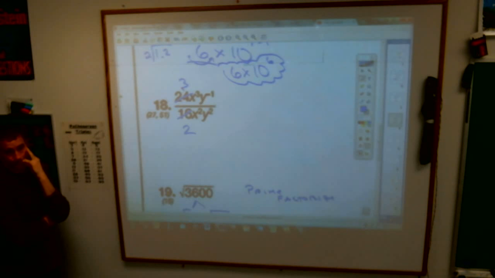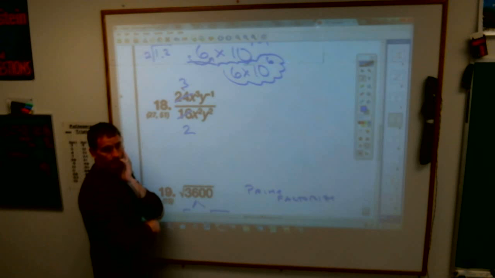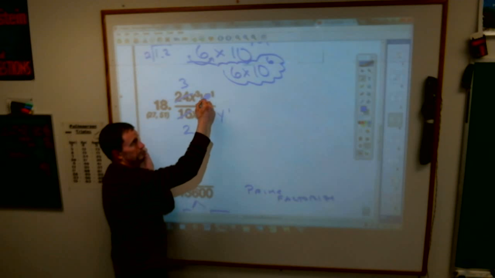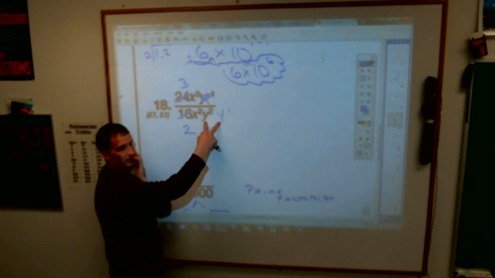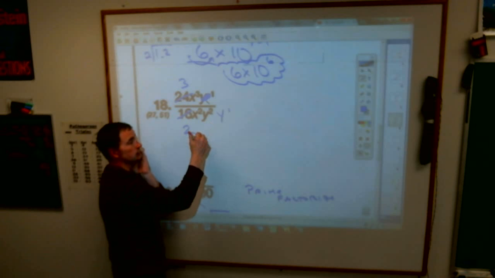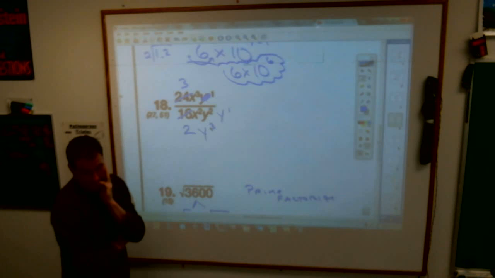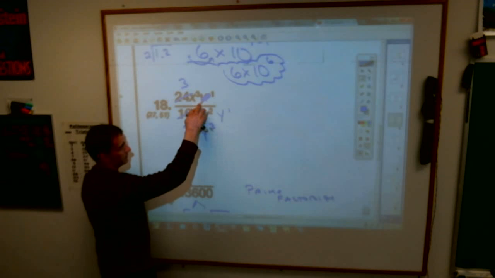You move the negative exponent down, which makes it y to the first power. And if it's on the bottom, what is y squared and y to the first? Y to the third. Now what do I do about this? I have x to the third on top and x squared on bottom. They're both positive, so that's okay.